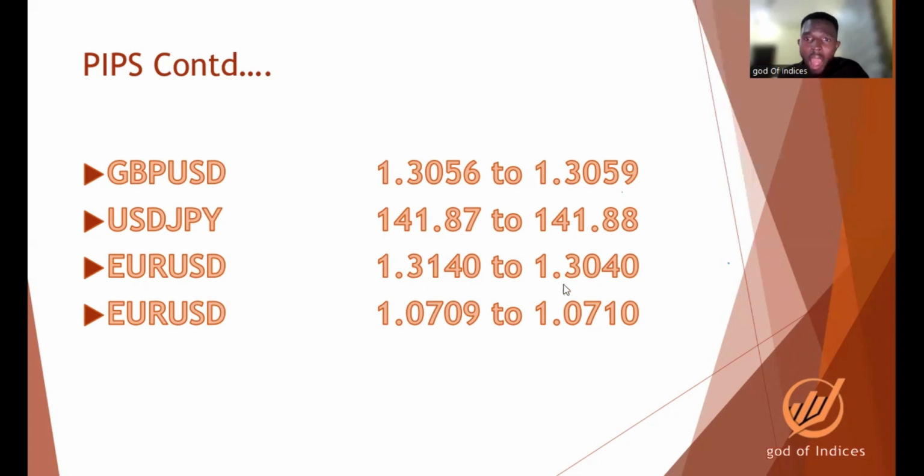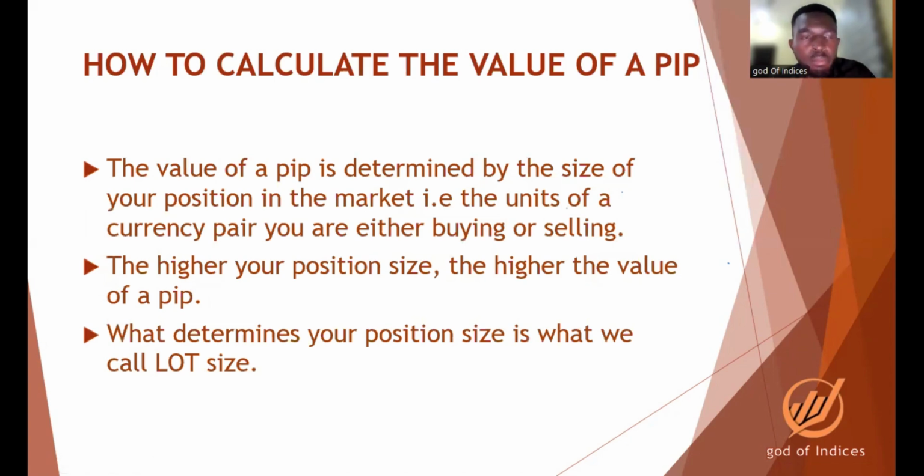So you want to know how much you are making by pips, right? There's a relationship between the pips and what we call the lot size. The lot and pips give you a relationship that tells you how much volume you are trading, and how much money you'll be making if the trade goes in your direction, or how much money you will be losing if it doesn't.